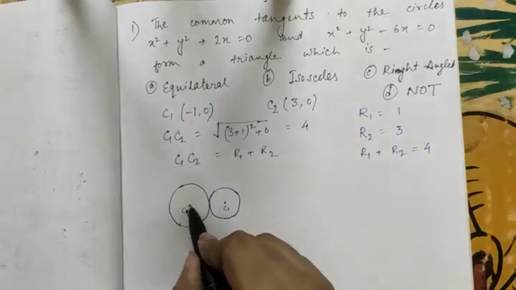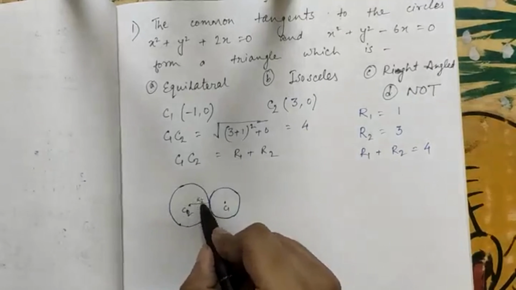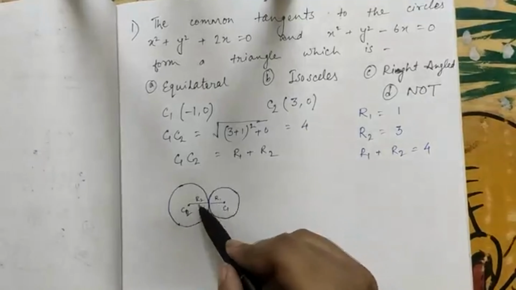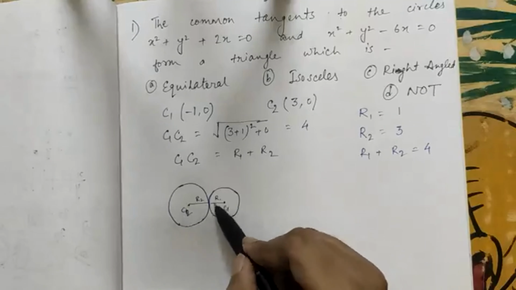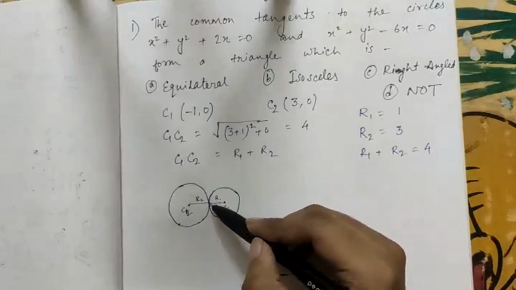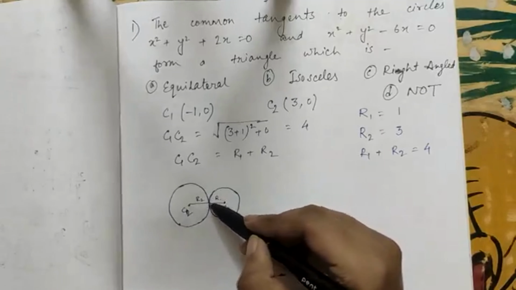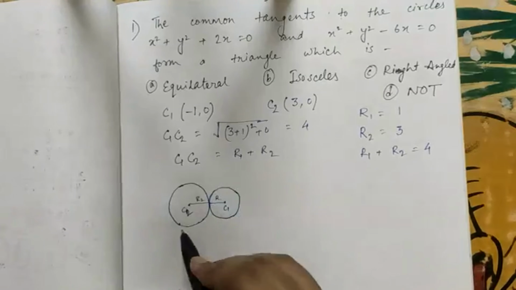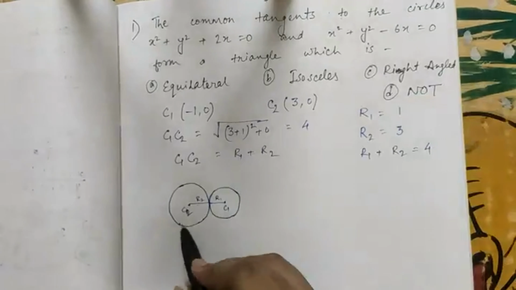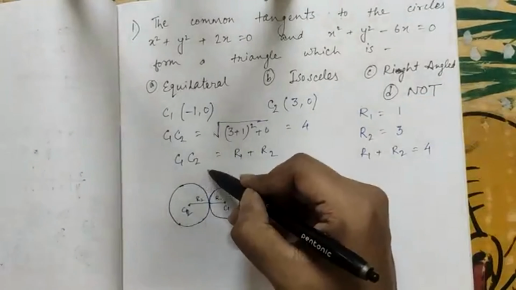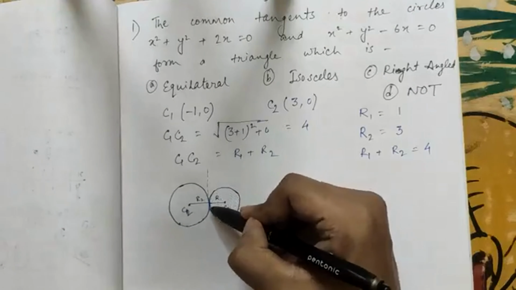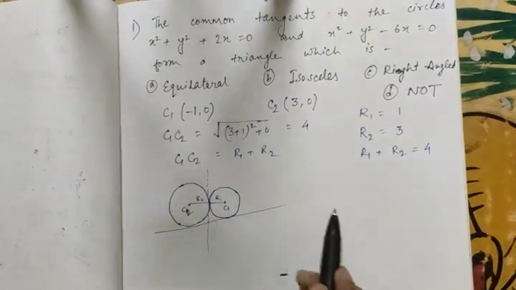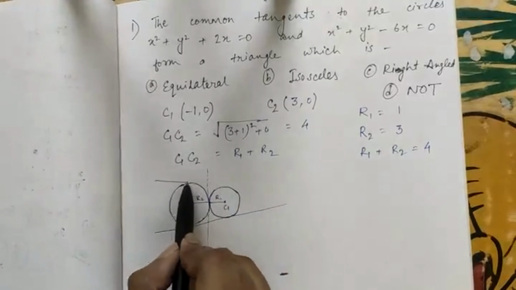If this is R2 and this is R1, then R1 + R2 is equal to C1C2, and thereby the two circles are neither intersecting nor far apart, but just touching each other. So they can have 3 common tangents. Common tangent number 1 will be this one, and the other 2 are these two.